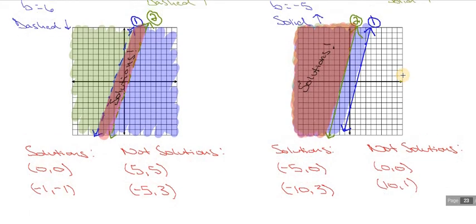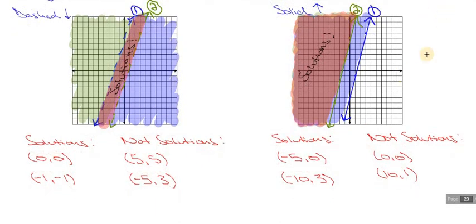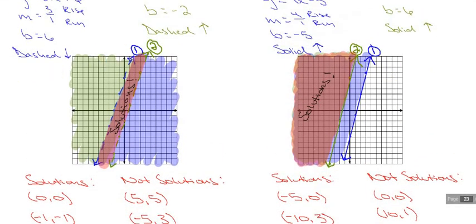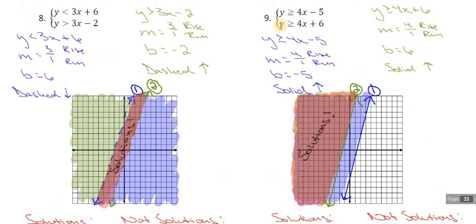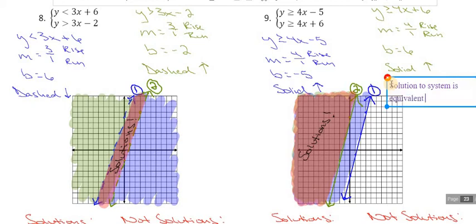Okay, so let's also, as I said, add our note here that the solution to the system is equivalent to the whole solution region for the second linear inequality. Solution to system is equivalent to all solutions for linear inequality number 2, which is y is greater than or equal to 4x plus 6.